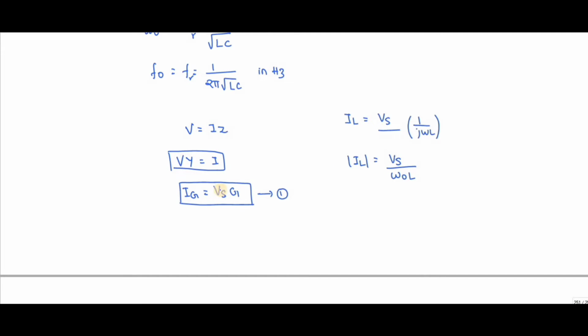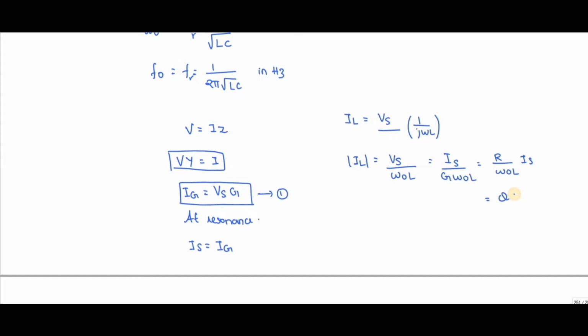So how to write Vs? Vs is equal to Ig divided by G. At resonance, Ig is nothing but Is. So I can write Is divided by G into omega naught L, and this I can write as R divided by omega naught L into Is.